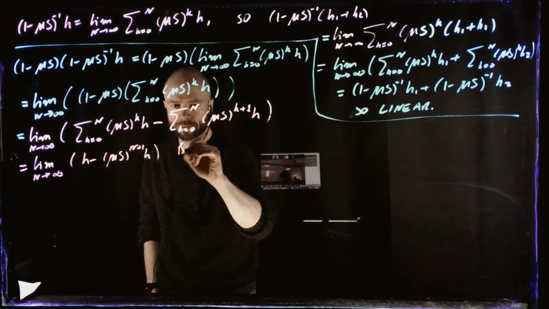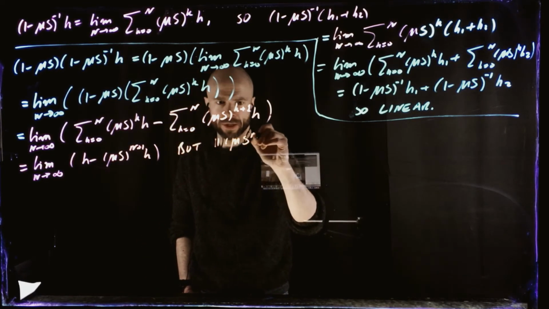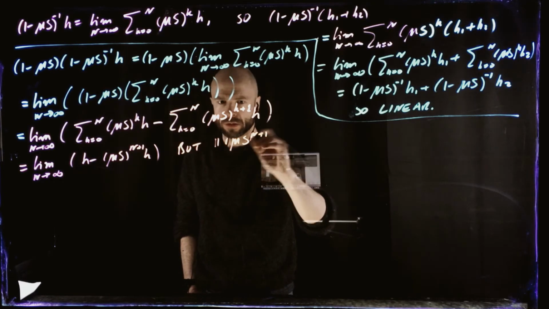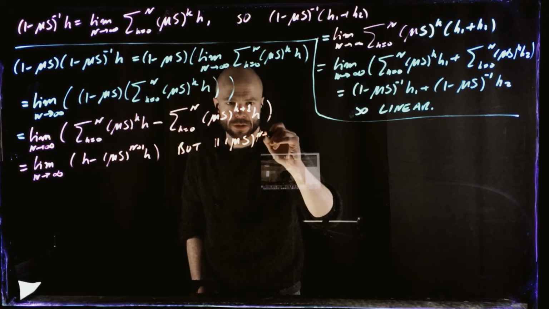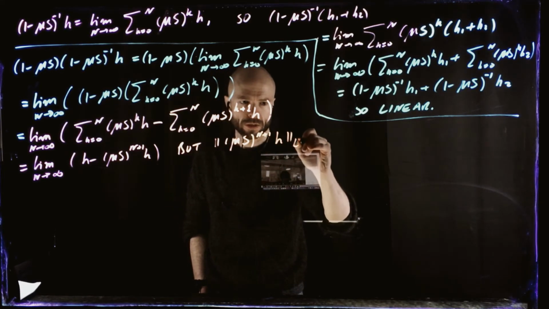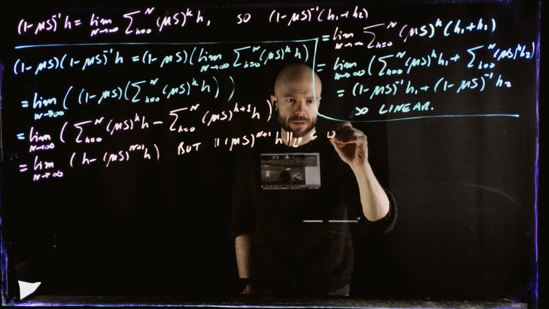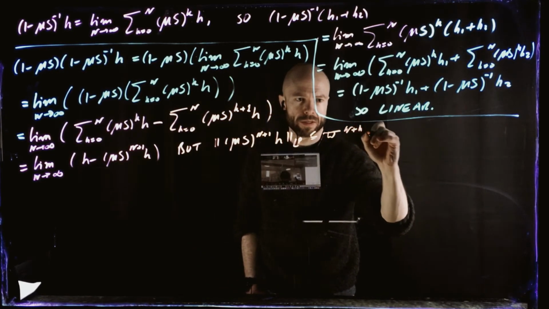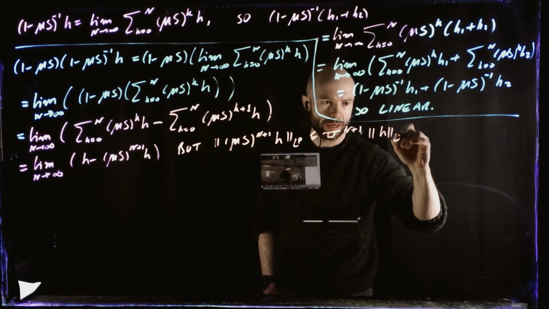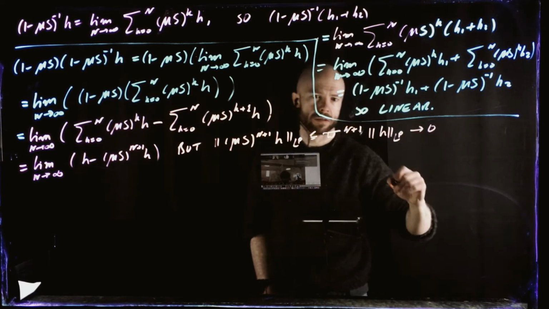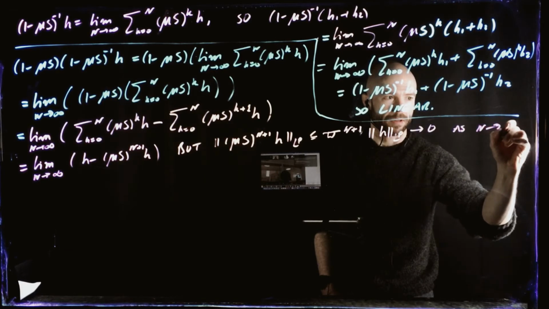But as we've seen, the LP norm of mu of s to the n plus 1 applied to h is less than or equal to omega n plus 1 times the LP norm of h, which tends to 0 as n goes to infinity, right?